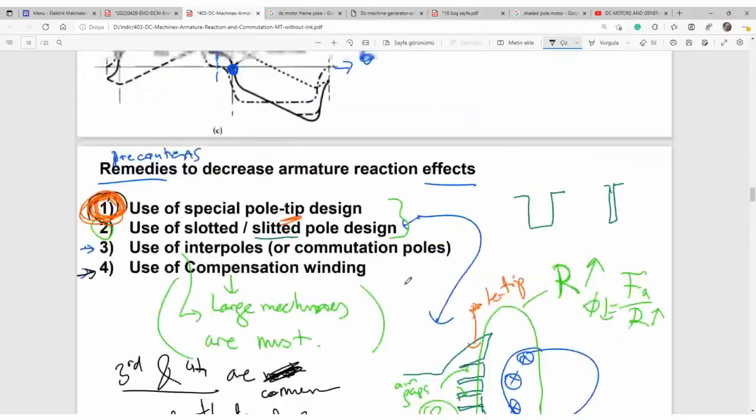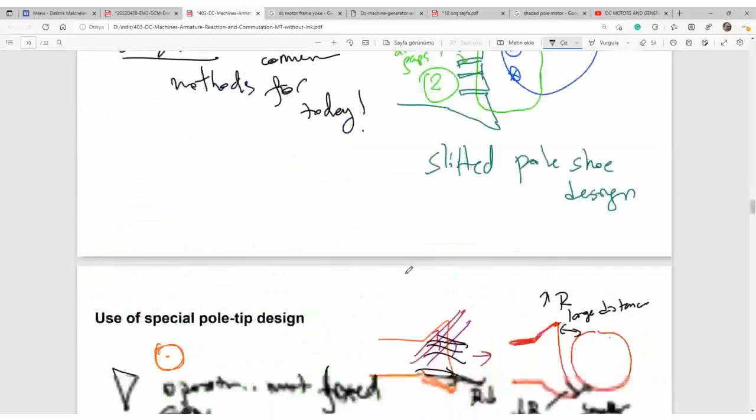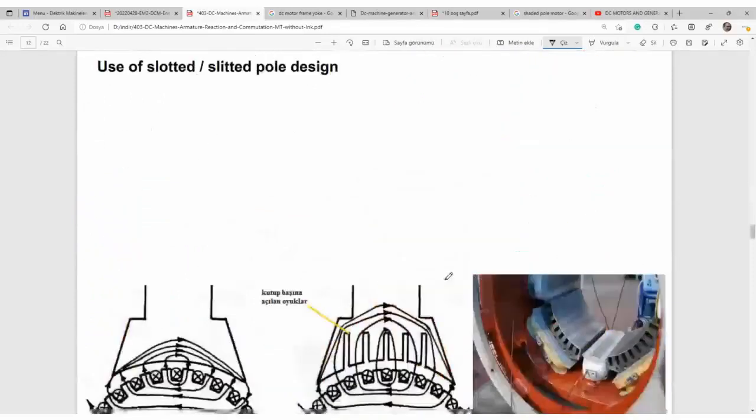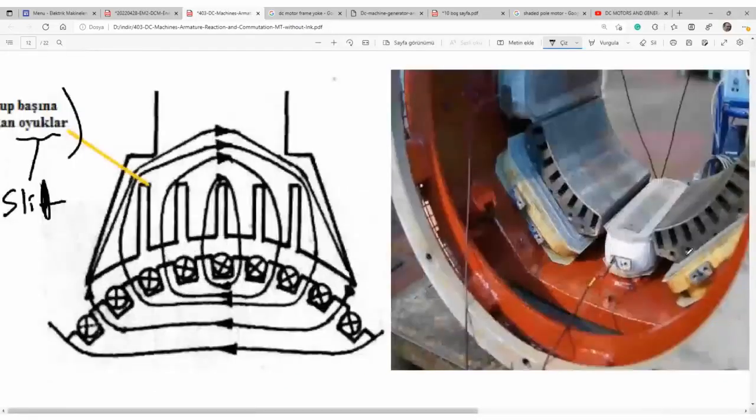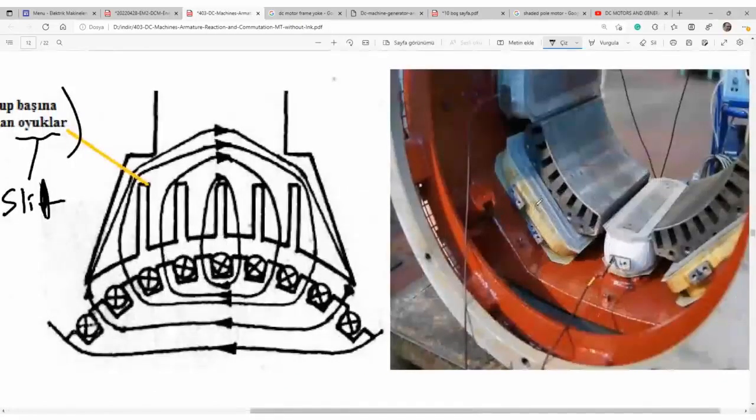Okay. Ladies and gentlemen, here you see the slitted design. Here you see slits and slots. It is a bit of a slot, but slits are generally thinner.